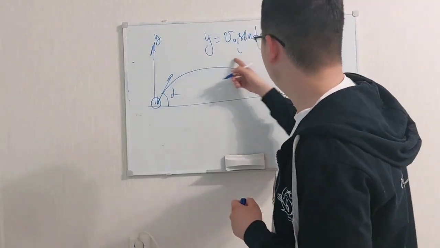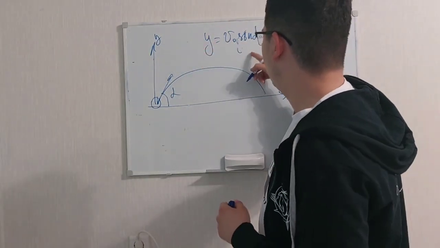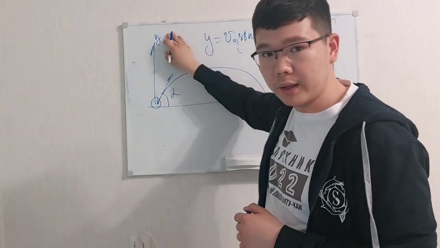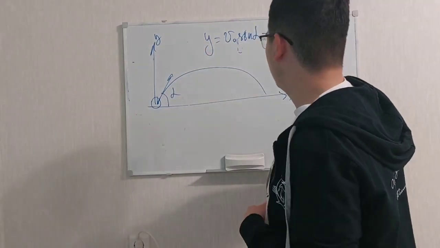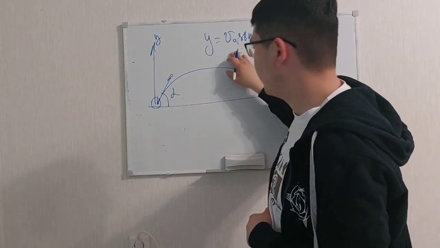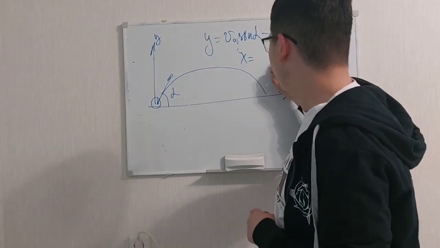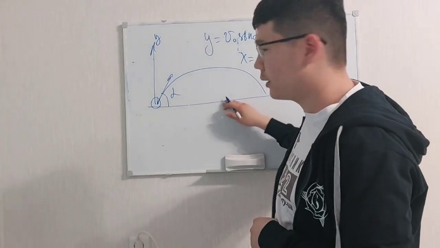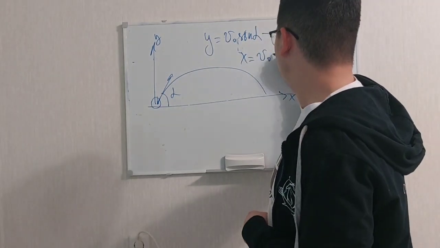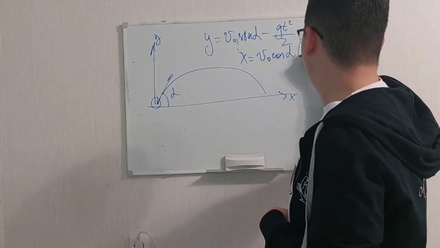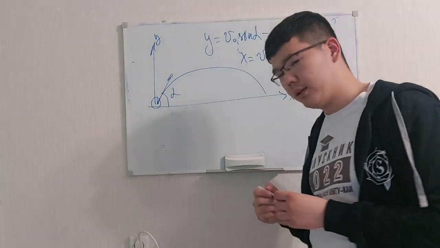So we know that the motion along the y-axis happens according to that law. And we can also write that the motion along the x-axis happens according to that law. So we have this system of equations.